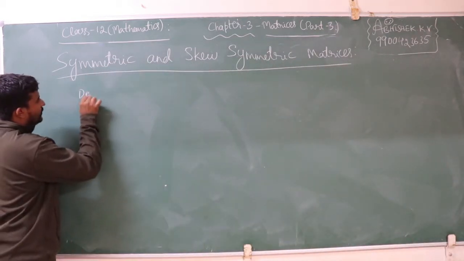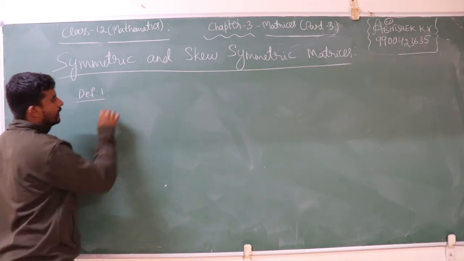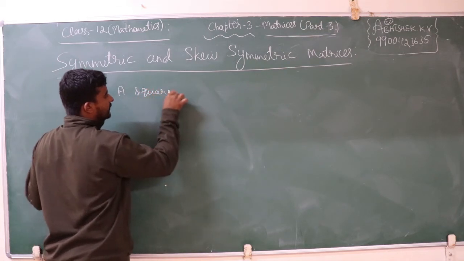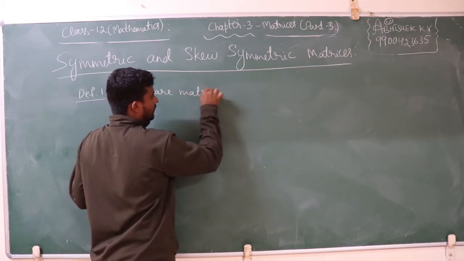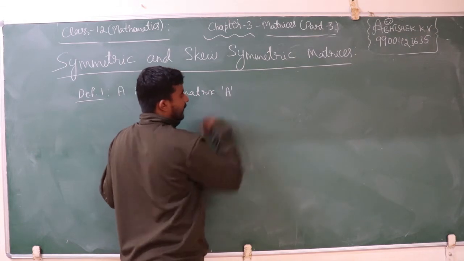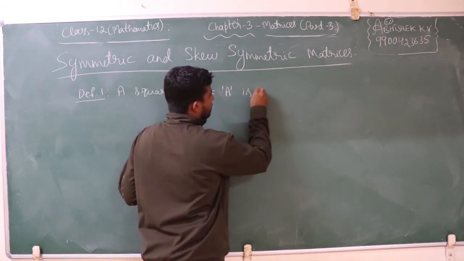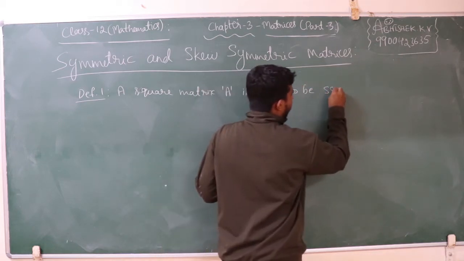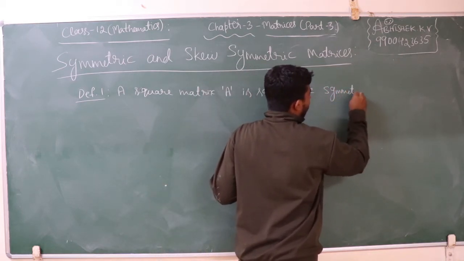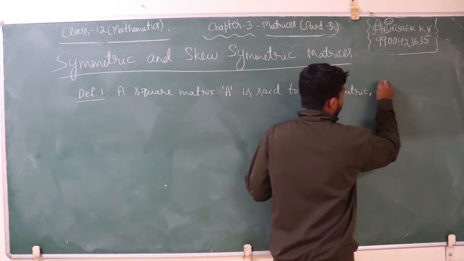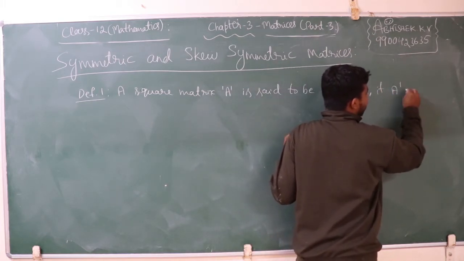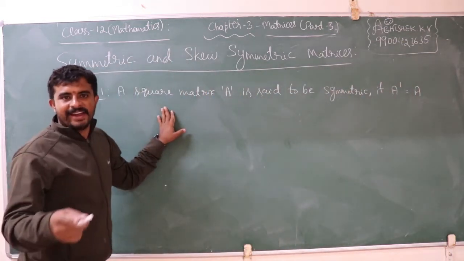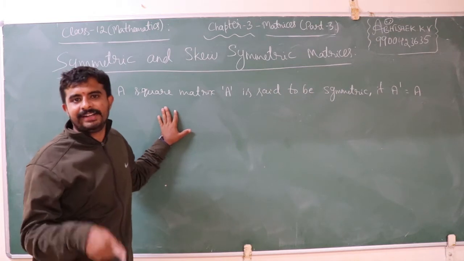Definition 1: A square matrix, say A, is said to be symmetric if transpose of matrix A is equal to A. To define symmetric matrix, we need a square matrix.